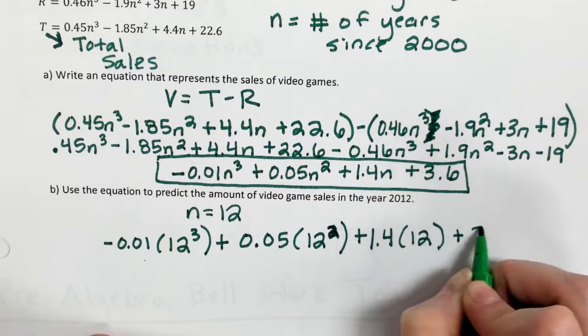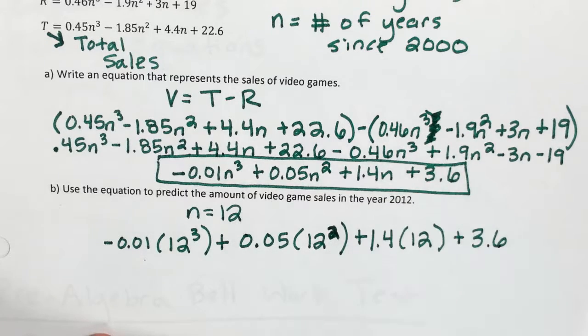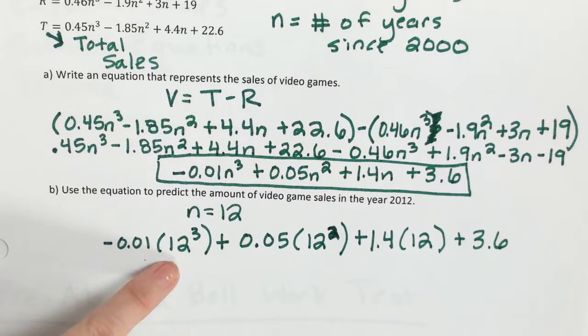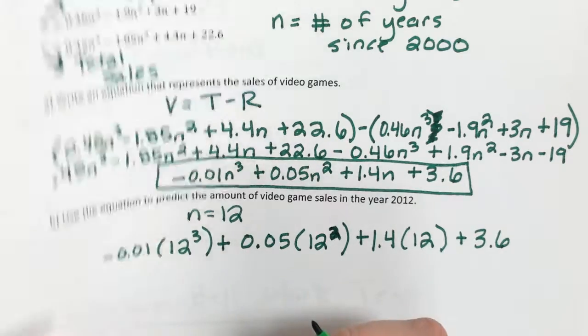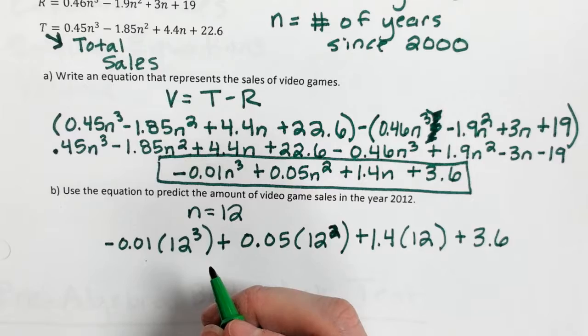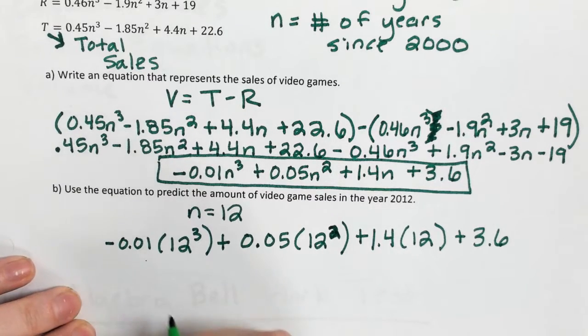My parentheses are just there because of the multiplication, but you do exponents and then you multiply. Like 0.05, you multiply it by 12 squared.